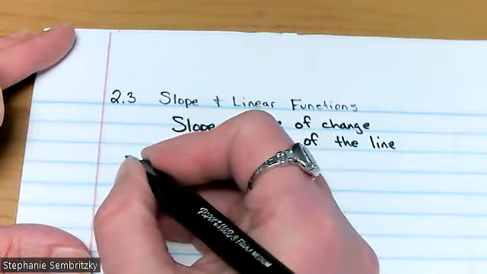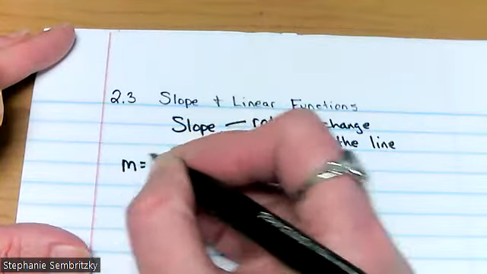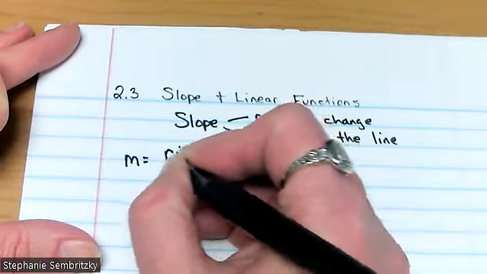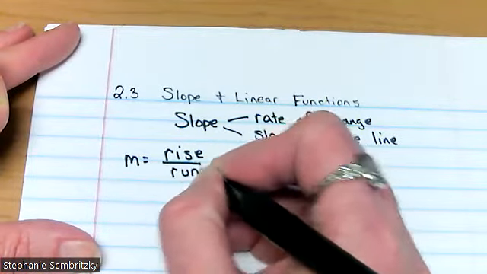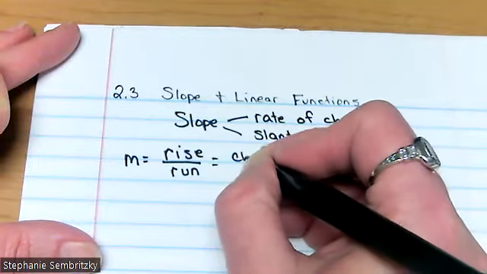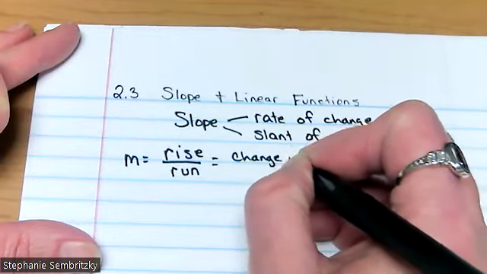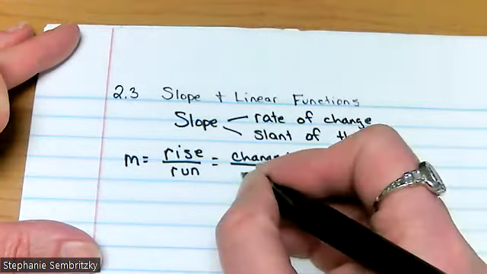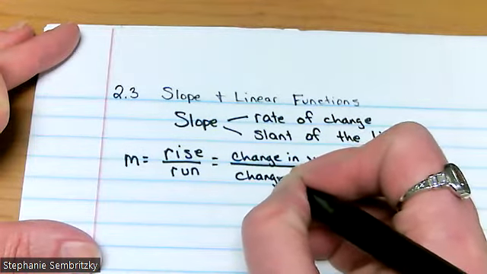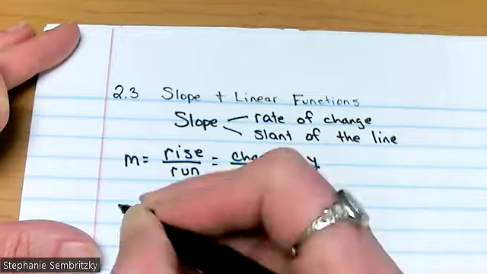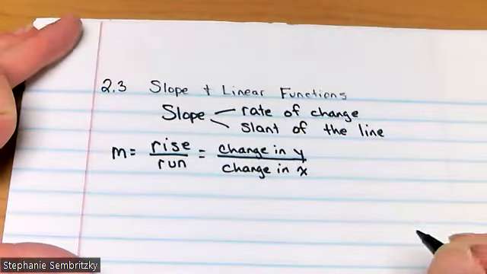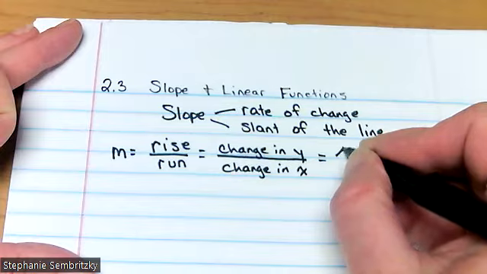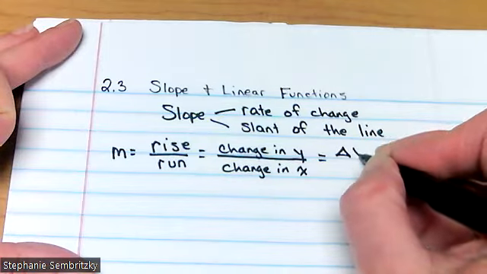And when we get more detail about slope, we remember that our teachers taught us it was rise over run. And what they meant by that is it's the change in y, so our vertical movement, over the change in x, that's our horizontal movement. Now, in math, we can represent change with this symbol, that's delta.